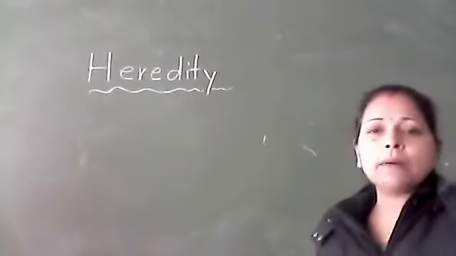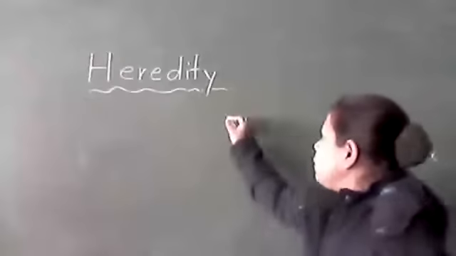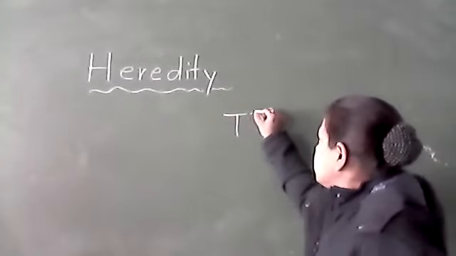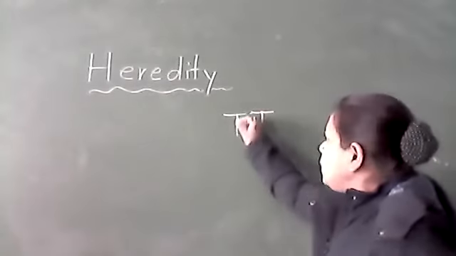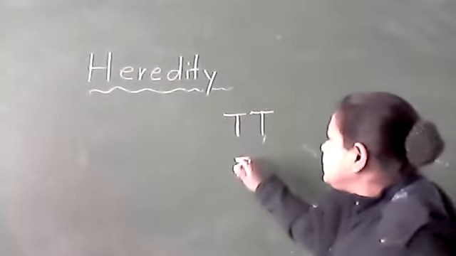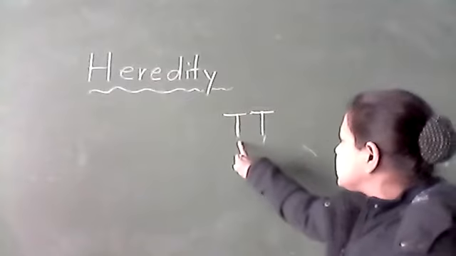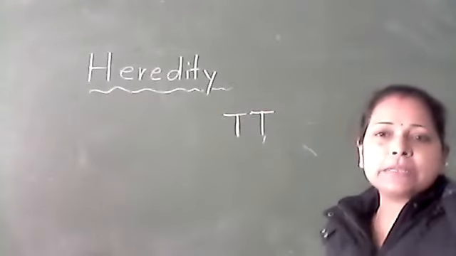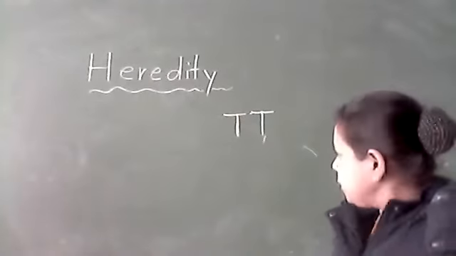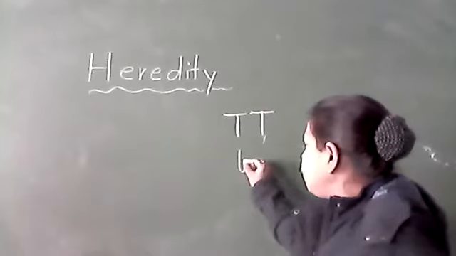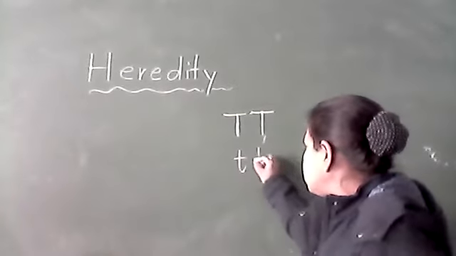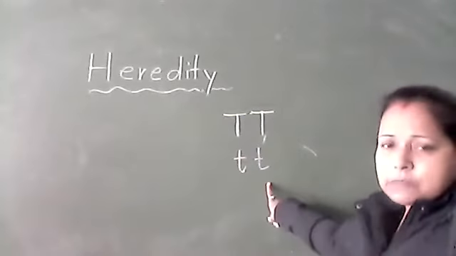If we are talking about tall, we write it like this. In a pair, we are indicating the genes, and this is the character of tallness which we represent using capital T. Similarly, for the recessive trait, short, we indicate it with a small t.